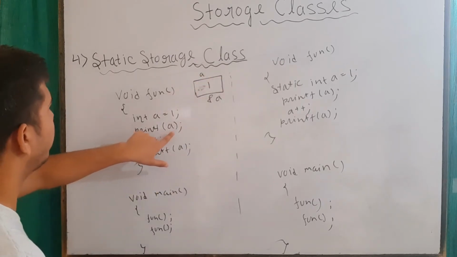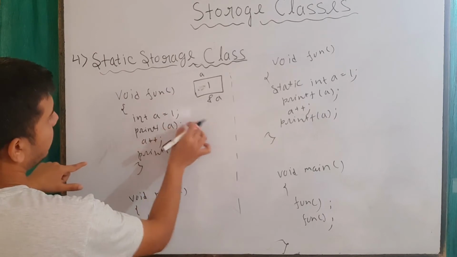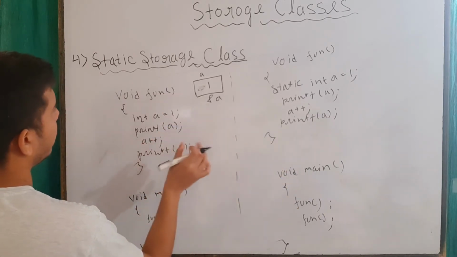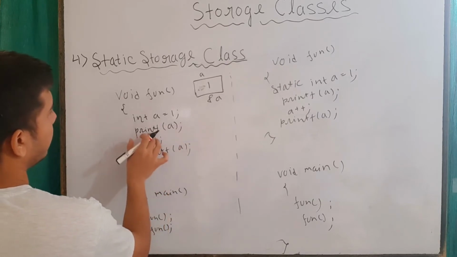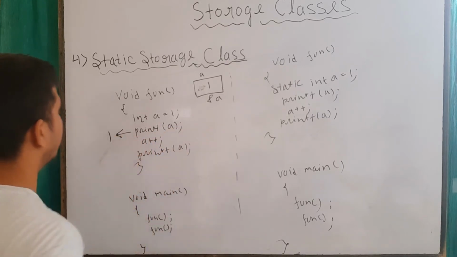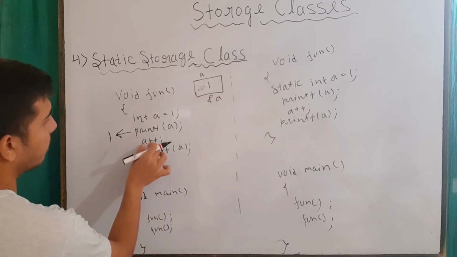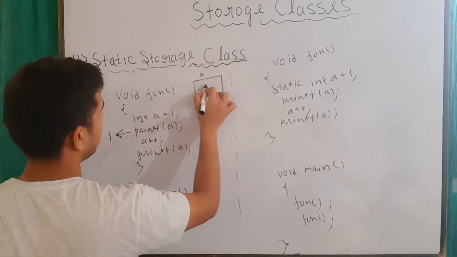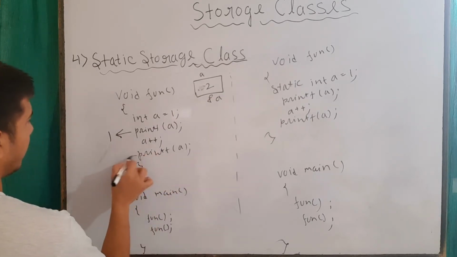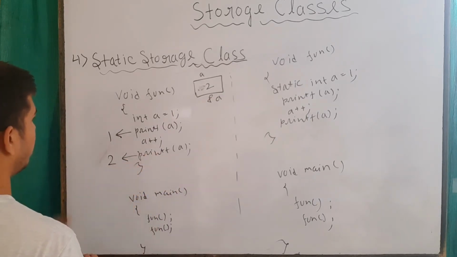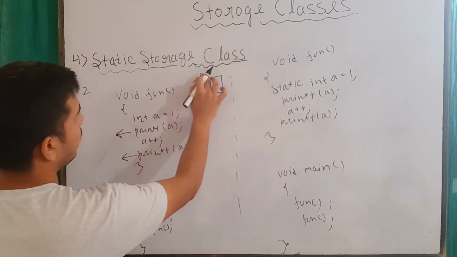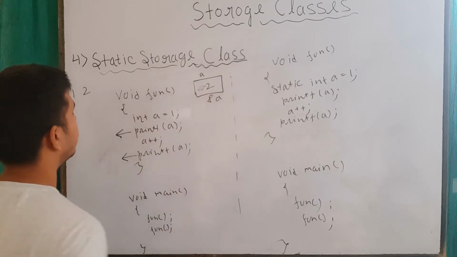Now if I do printf of %d, a, in short form I have written printf of a, it will give me output 1, right? Then it will increase the value by 1, a++. Now a will become 2 and printf of a will print 2. So currently our output is 1, 2 and the value of a at this moment is 2.